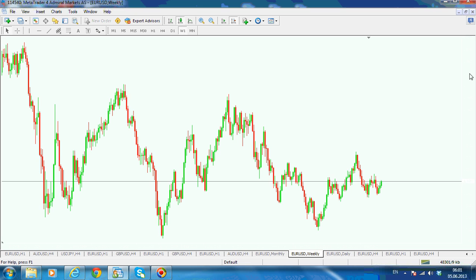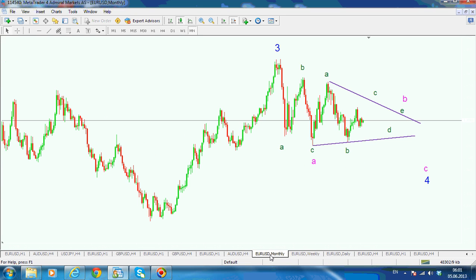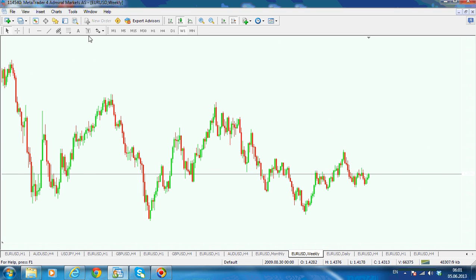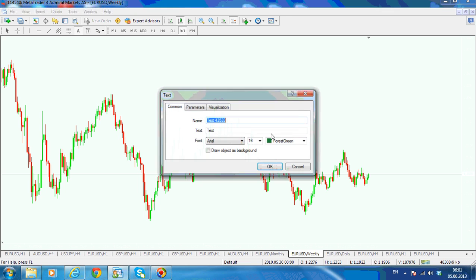this is a weekly chart, and according to the previous count on the monthly, we would say that this is the end of wave A purple that we've just counted there, okay?